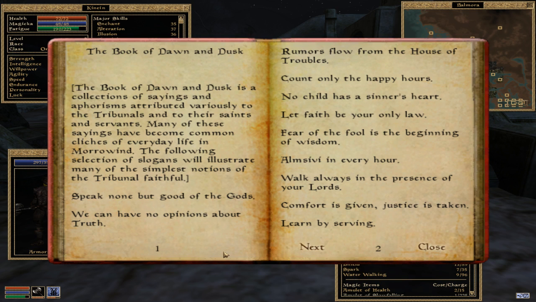Rumors flow from the house of troubles. Count only the happy hours. No child has a sinner's heart. Let faith be your only law. Fear of the fool is the beginning of wisdom. Almsivi in every hour. Walk always in the presence of your lords. Comfort is given, justice is taken. Learn by serving.